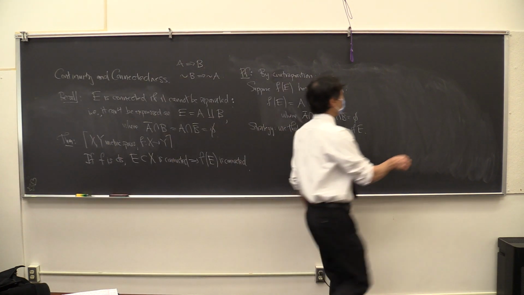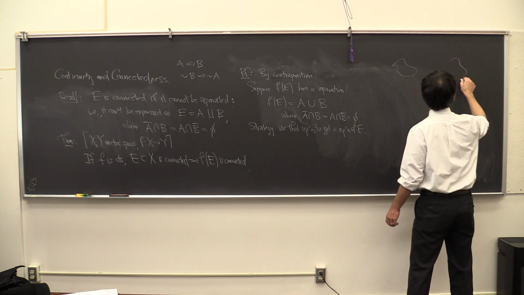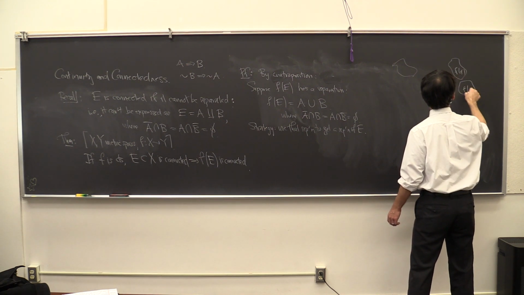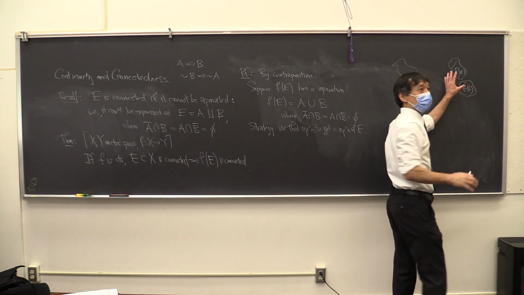Okay. So here's our set E over here, and we're saying that f of E is these guys together. f of E can be separated.